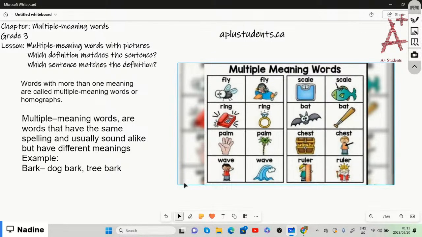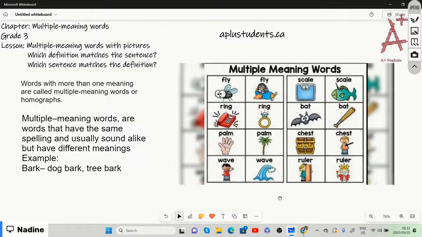The first one measures our weight. So when we get on, it will tell us how much we weigh. And then the other scale is the scales of a fish.